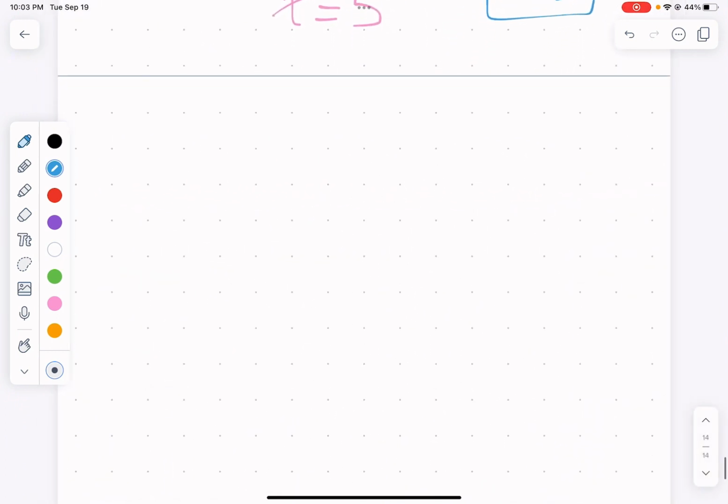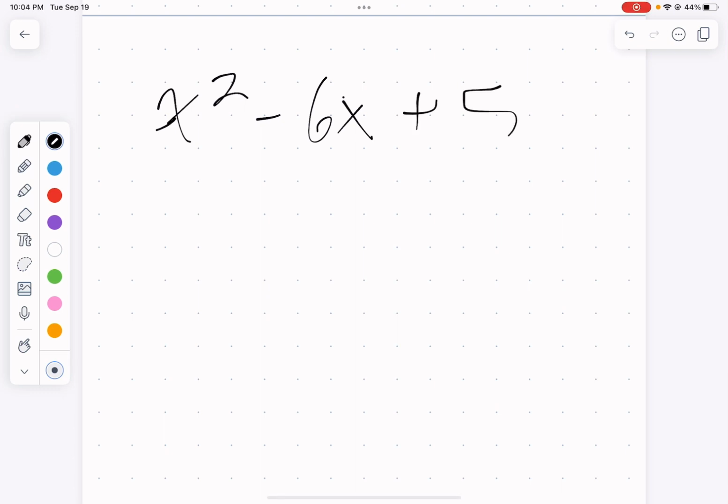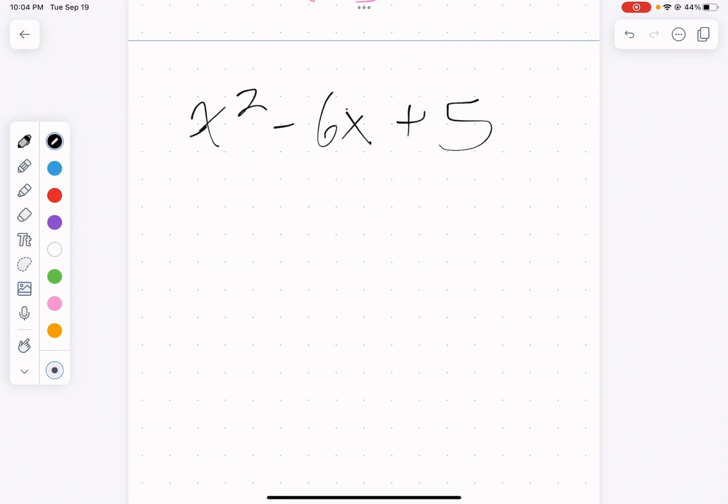Another thing I want to point out, which goes more along the lines of continuity: let's say you have x squared minus 6x plus 5, and you're asked to find the discontinuity of this.